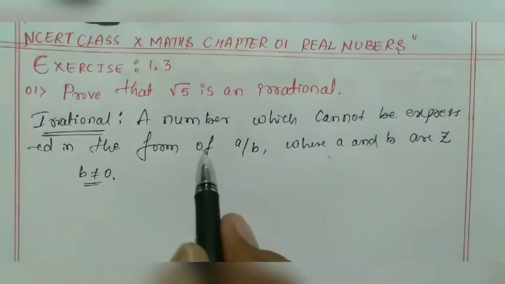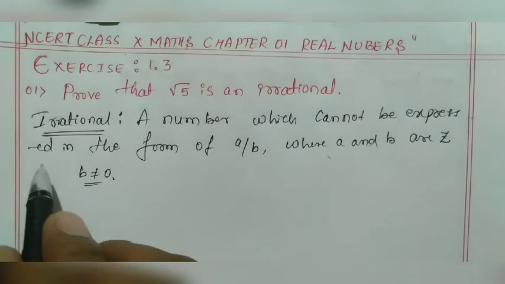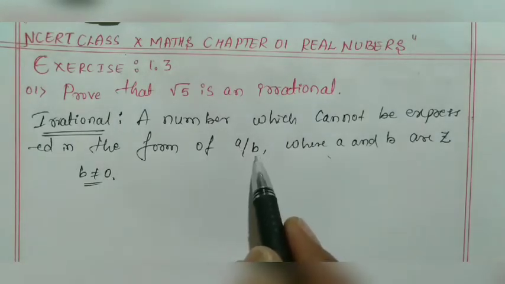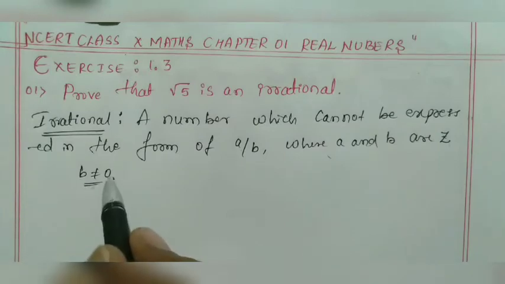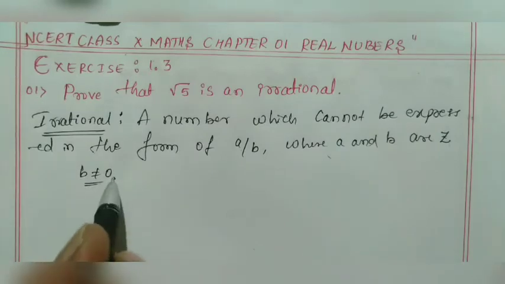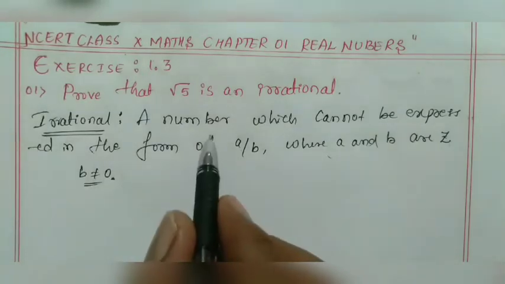So a number which cannot be expressed in the form of a by b, where a and b are integers and b should not be equal to 0. This is the definition of an irrational number.